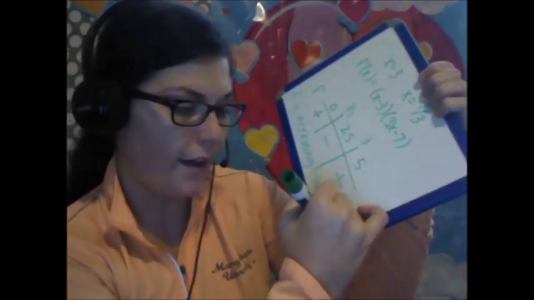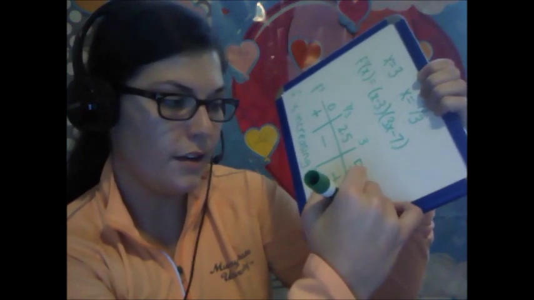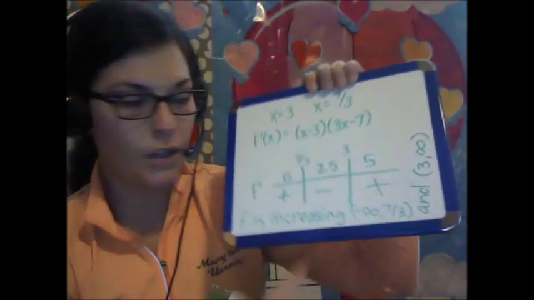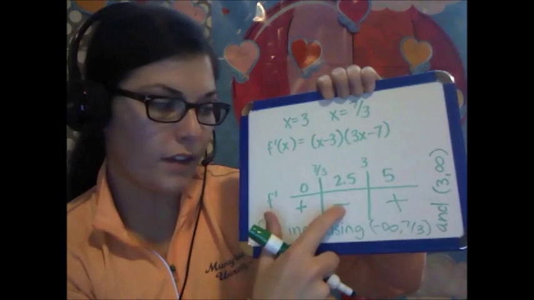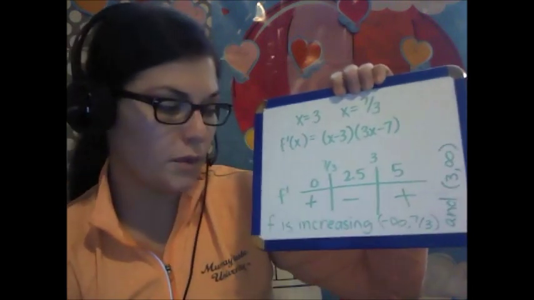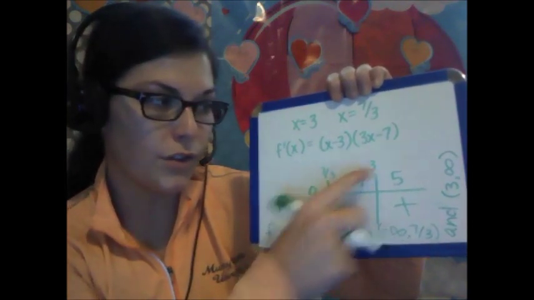So I also have that our function is increasing from 3 to infinity. So there are two intervals for increasing. And then we also have an interval for decreasing. So this interval, for which we will say that f is decreasing, is going to be from 7/3 to 3.